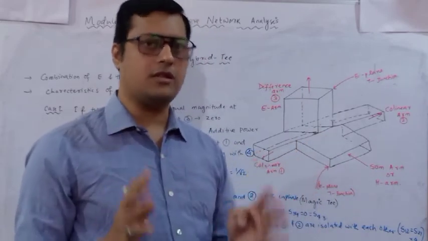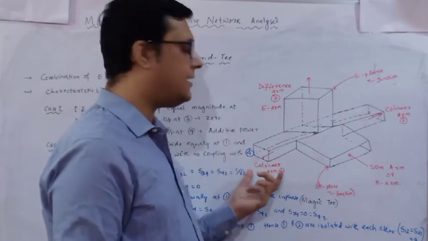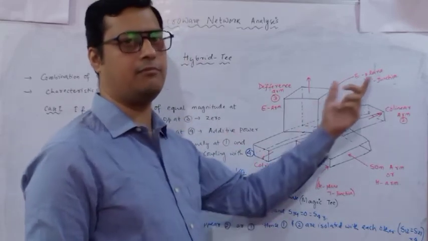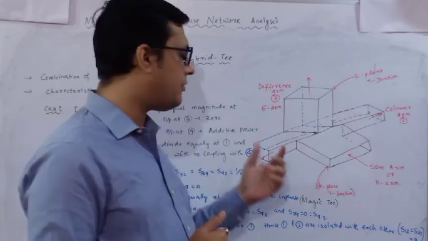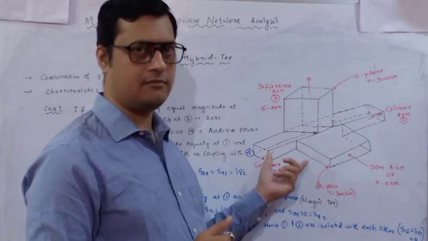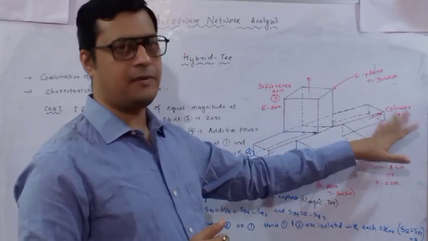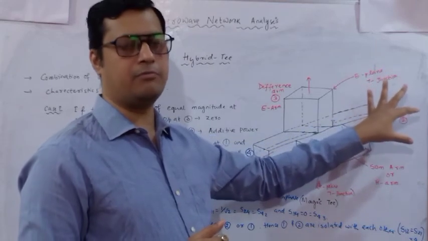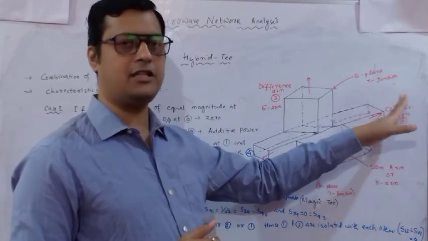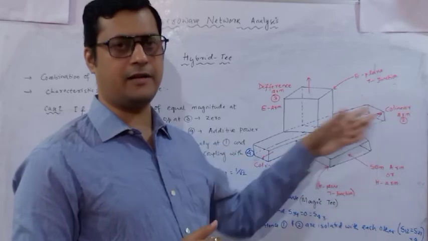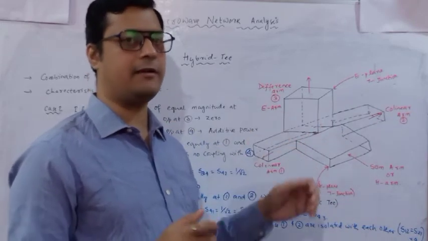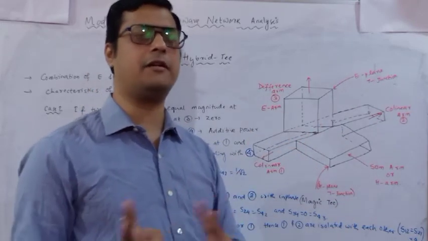And fourth, most important, there is no correlation between port 1 and port 2. For example, if you provide the power at port 1, we can't expect any sort of output at port 2. Similarly, if you feed the power at port 2, we can't expect output power at port 1. So these two ports are isolated from each other.